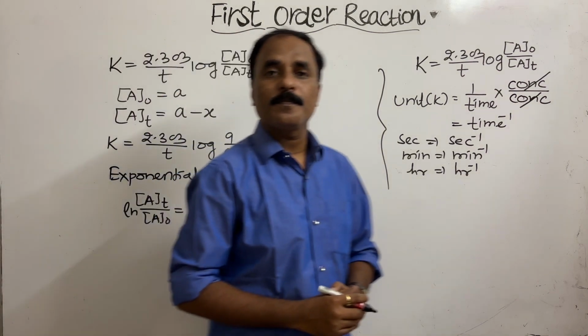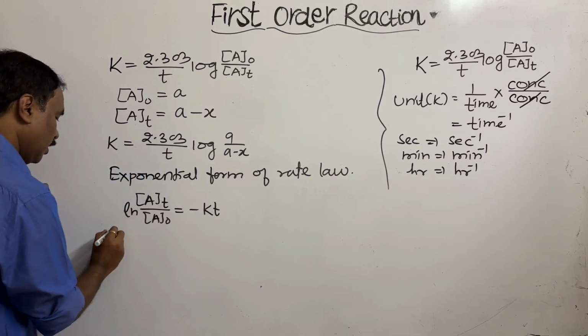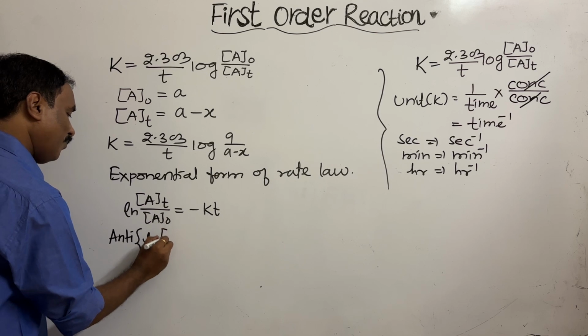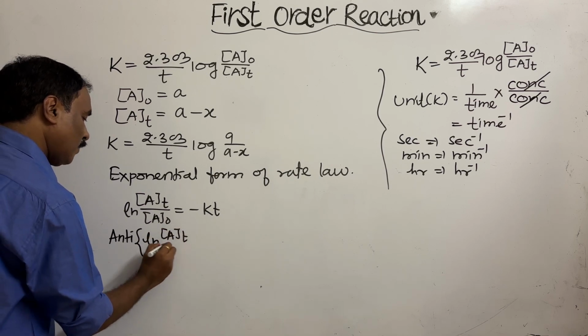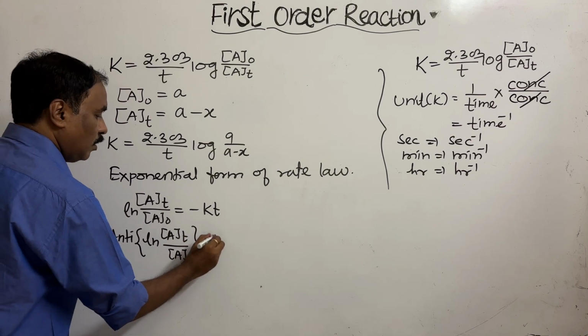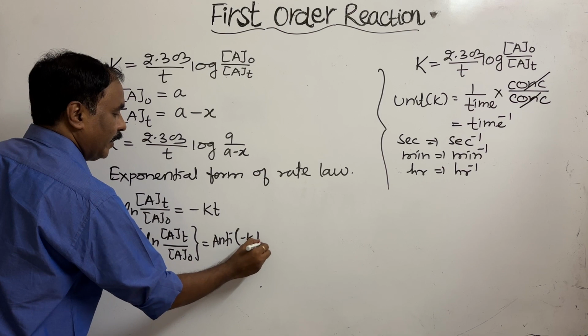Equation है. By taking antilog of both sides, antilog of AT upon A0 is equal to antilog of minus kt.